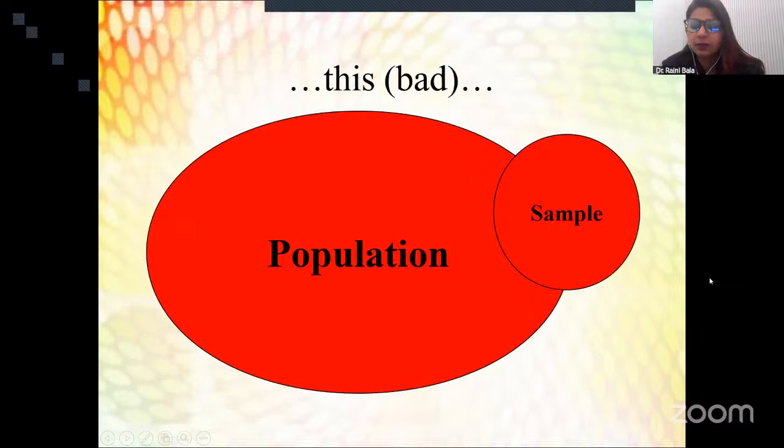Next, now can anyone tell me, is this a good sample or a bad sample? Yes, any of you? This is my entire population and this is a sample. Out of this population, I'm picking this sample. Does this sample represent my entire population?